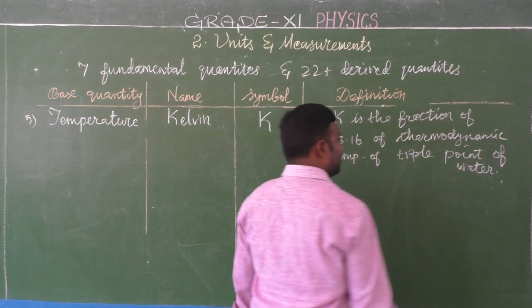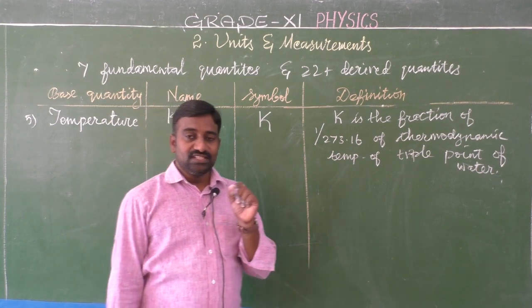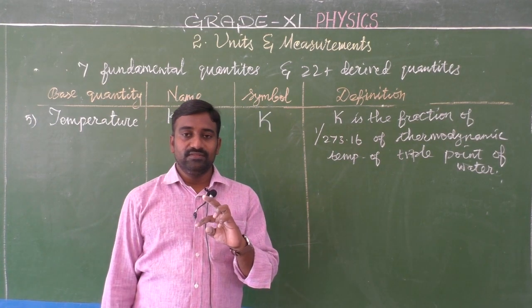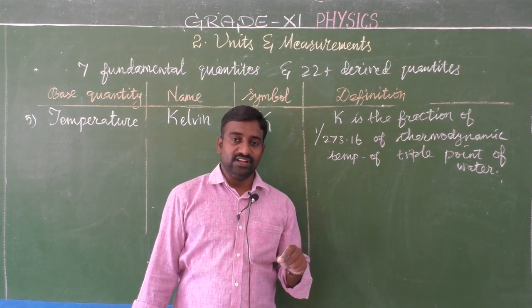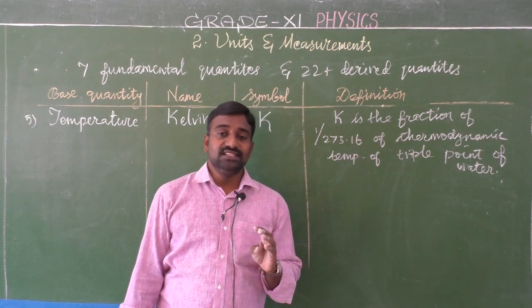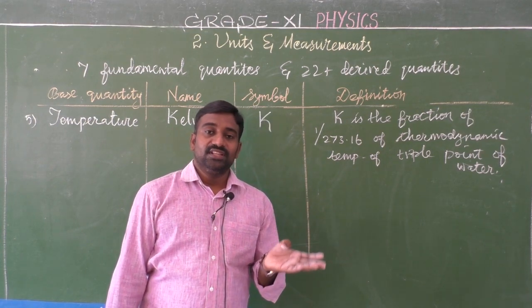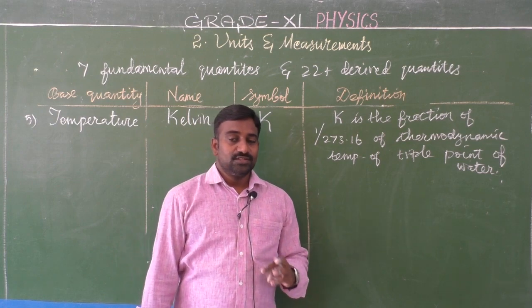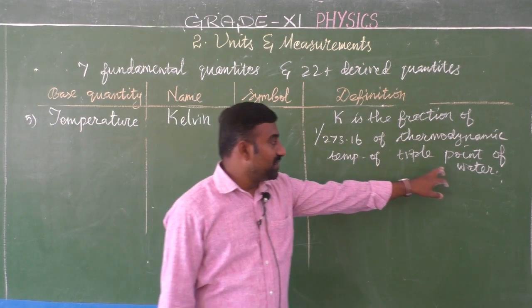So what is the triple point of water? At 0 degree Celsius the water begins to melt from solid to liquid. Similarly, at 100 degrees Celsius the liquid state of water vaporizes into gaseous state. So that is the triple point of water.